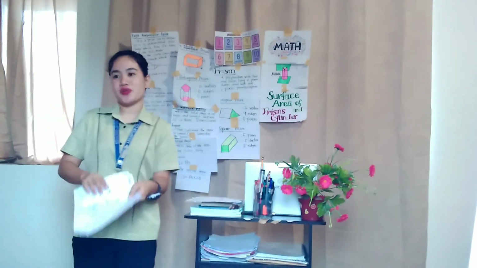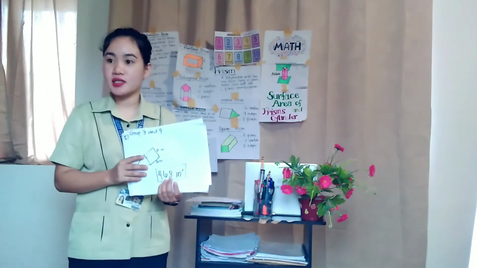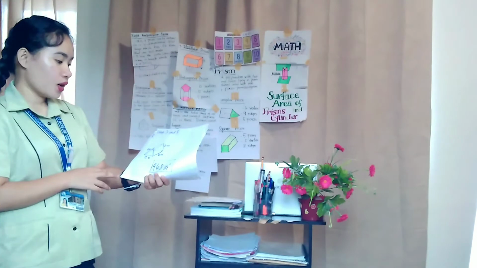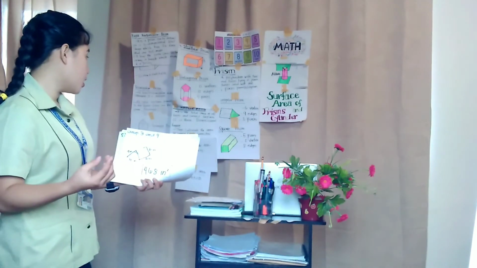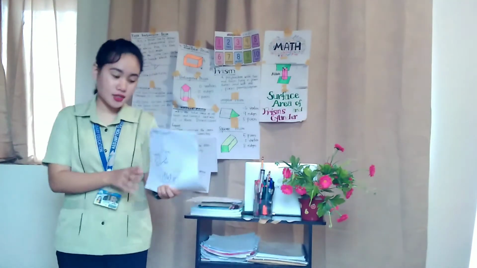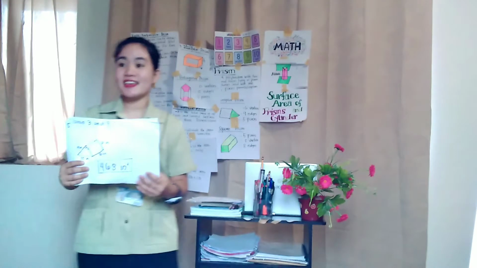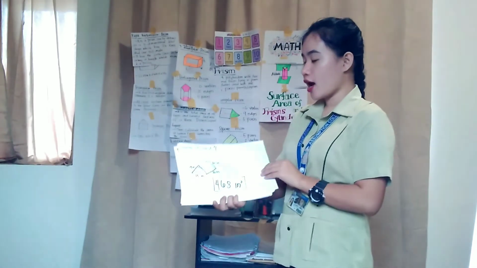Wow, very good. Group 3 and 4, to find the surface area of a triangular prism, do we have a formula? BH plus PH. So the answer is 468 inches squared. Very good. Next, group 5. What is your answer?